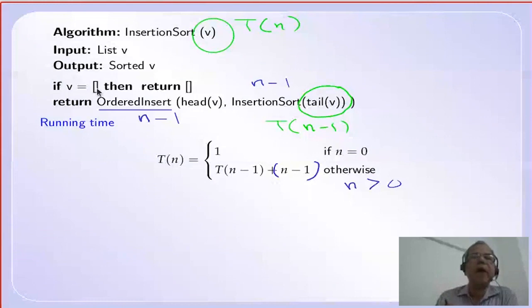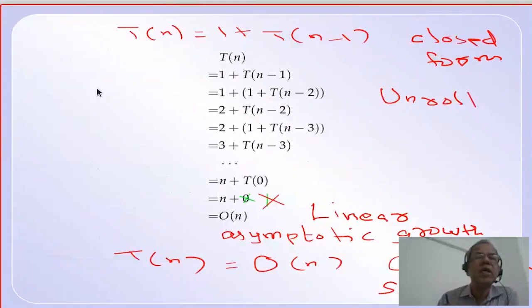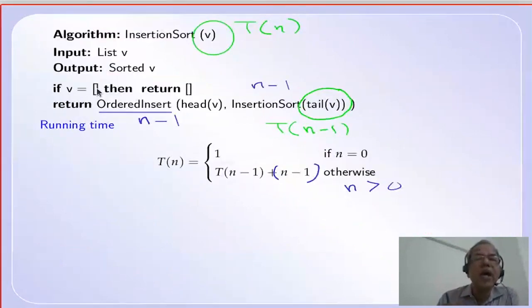Using an array. How do you compare the understandability or the clarity of insertion sort using list versus insertion sort using array? Just 2 lines or maybe 3 lines for insertion sort. Ordered insert itself is another 3 lines. So ordered insert 3 lines, insertion sort 2 lines, and there is no need for keeping track of any indices 0, i, j, n minus 1, n.